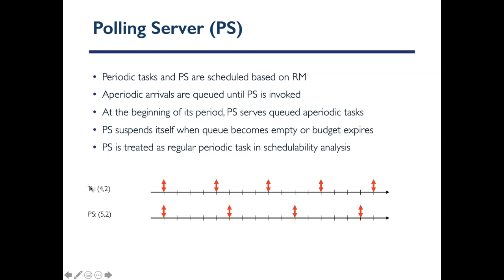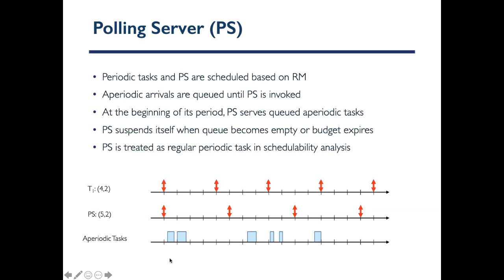Let's say you have a task T1 with period 4 and execution time 2. And let's say I'm giving my server, the polling server, period 5 and budget 2. So this is its period and this is its budget.